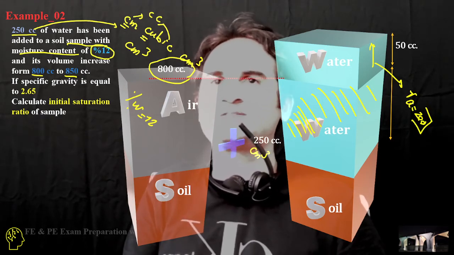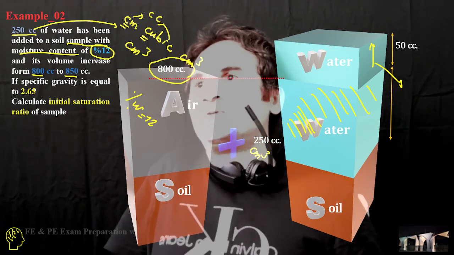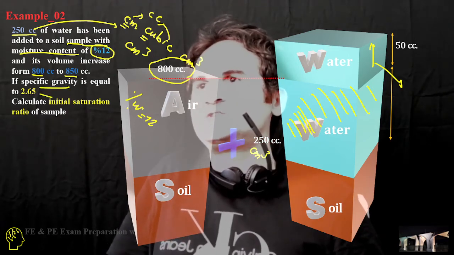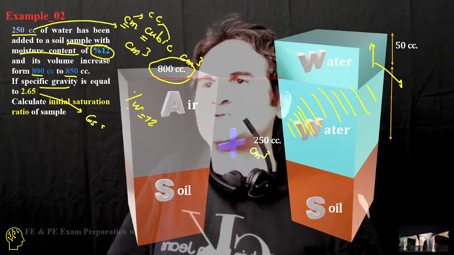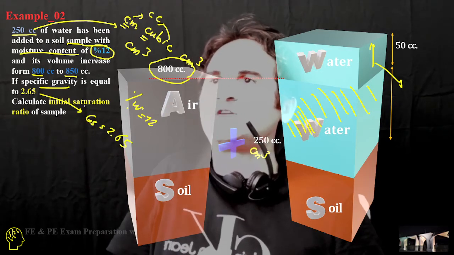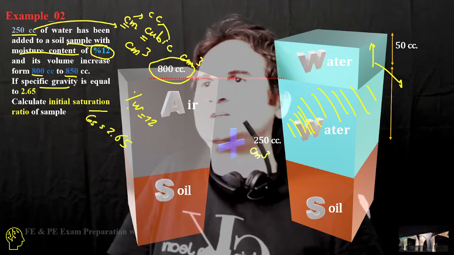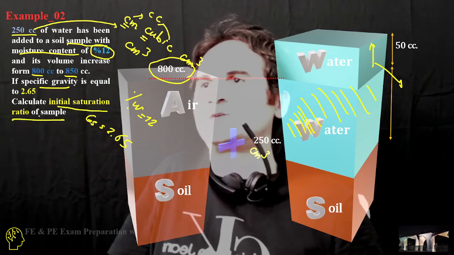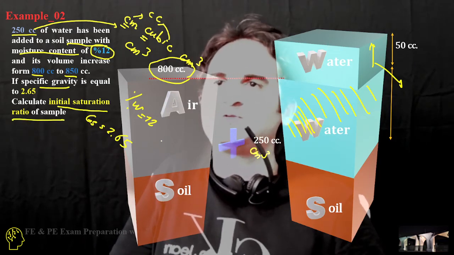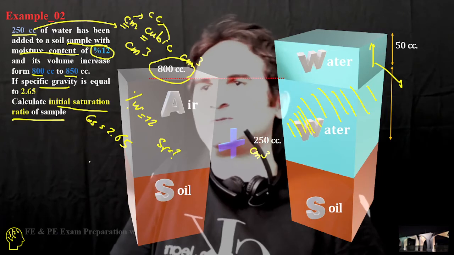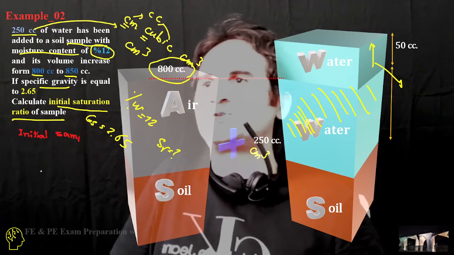So let's see how that goes. If the specific gravity Gs of the soil sample is 2.65, we want to know the initial saturation ratio of the sample. So we want to know what is Sr for this sample. So let's attempt the problem.